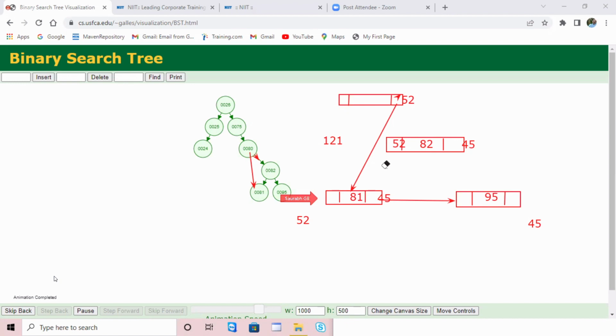So in the simplest manner, if I discuss step by step, first, the node to be deleted, whose left pointer address is to be shifted to its parent.